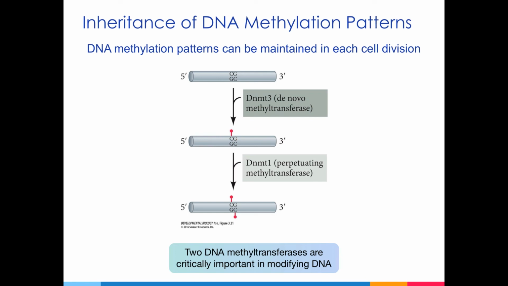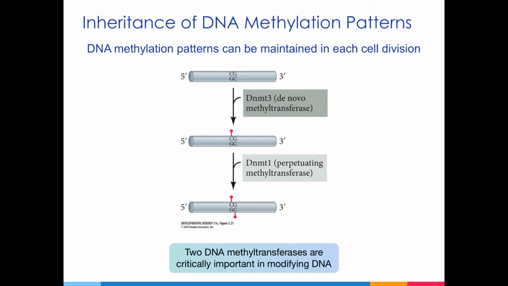Now, the DNA methyltransferase that establishes the pattern of methylation on the new strand is able to recognize methyl cytosine, so it can tell that this is a methyl cytosine on one strand, and then add the methyl group to the cytosine on the newly synthesized strand.